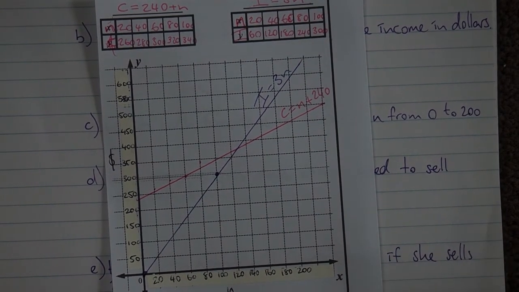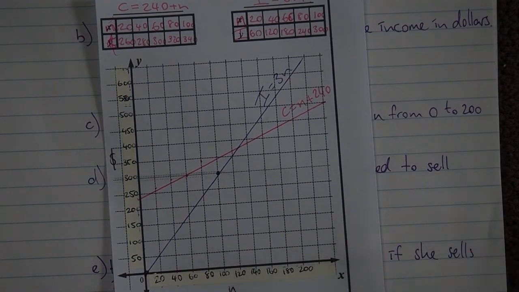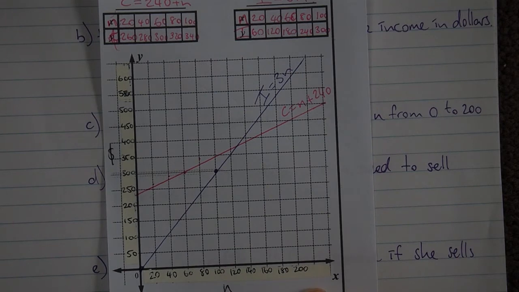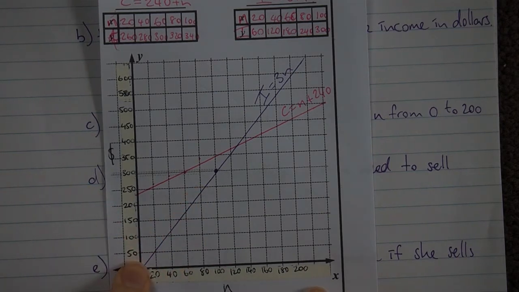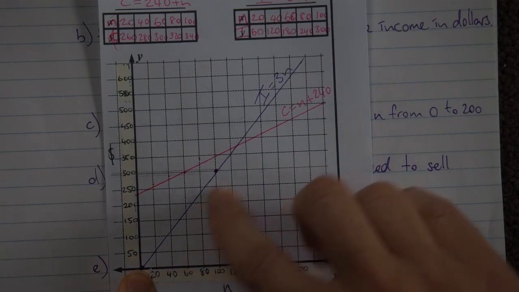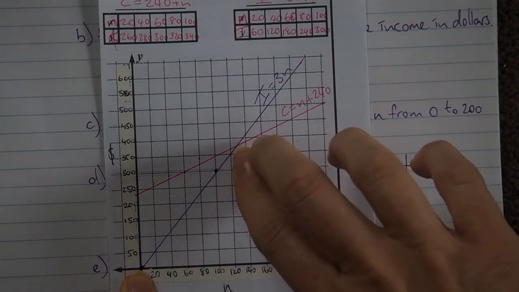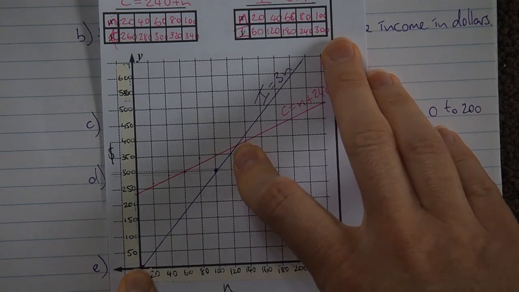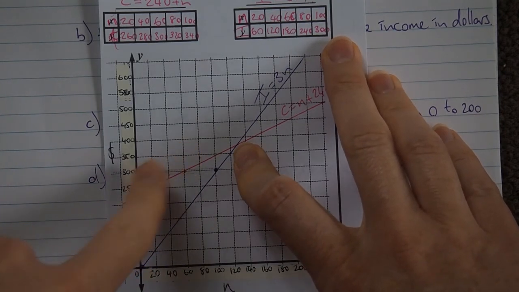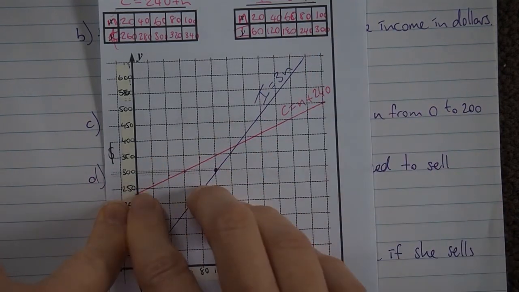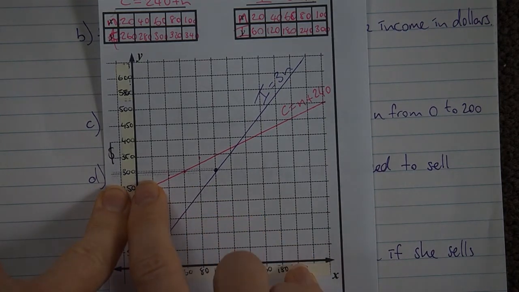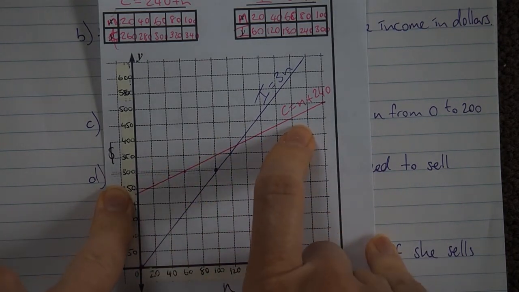So it's really important that we're able to understand what these graphs actually mean. We have our income starting very low and it ends up meeting the cost equation and overtaking it. That's what we really want to happen. Obviously our costs start at 240 and they do increase, but they increase at a slower rate.